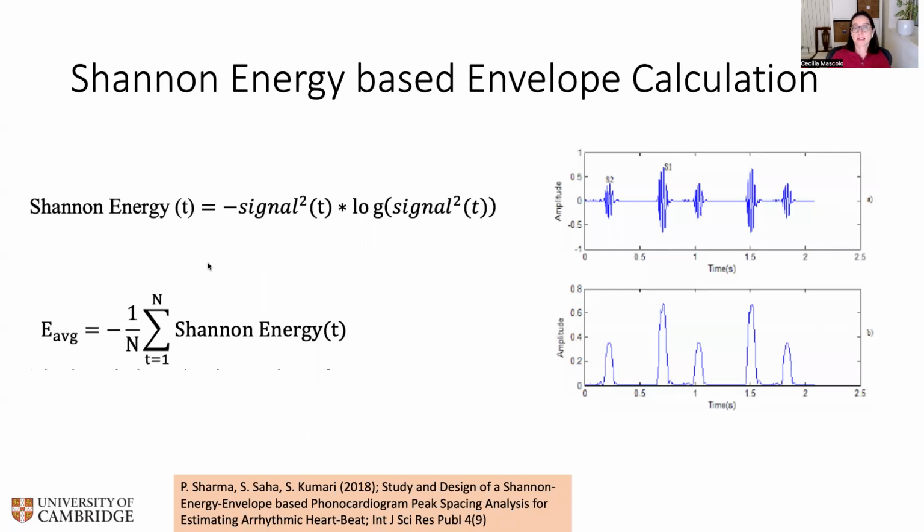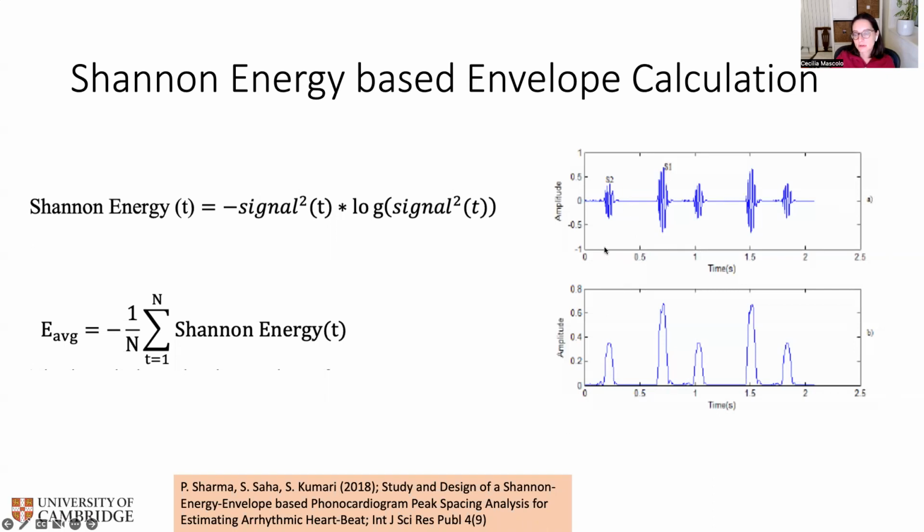One of the things we've seen is the use of energy-based envelope calculation. This is just a version that has a log. But essentially, if you look at it, S1, S2, S1, S2, S1, S2, there's an S1 missing here at the start.